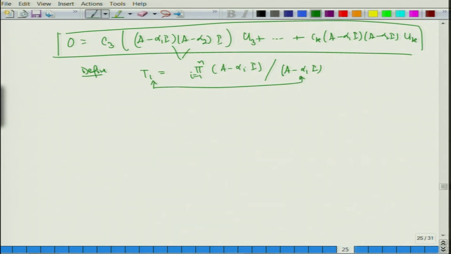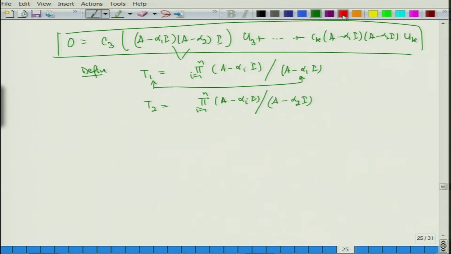So, I am defining my T1 like this. Similarly, I can define T2 as product I from 1 to n of A minus alpha I of I and then divide by A minus alpha 2 of I, fine.